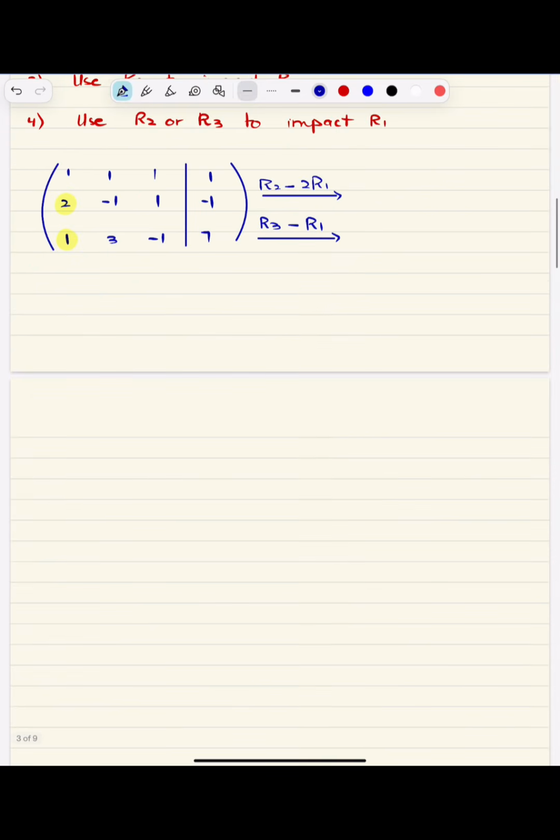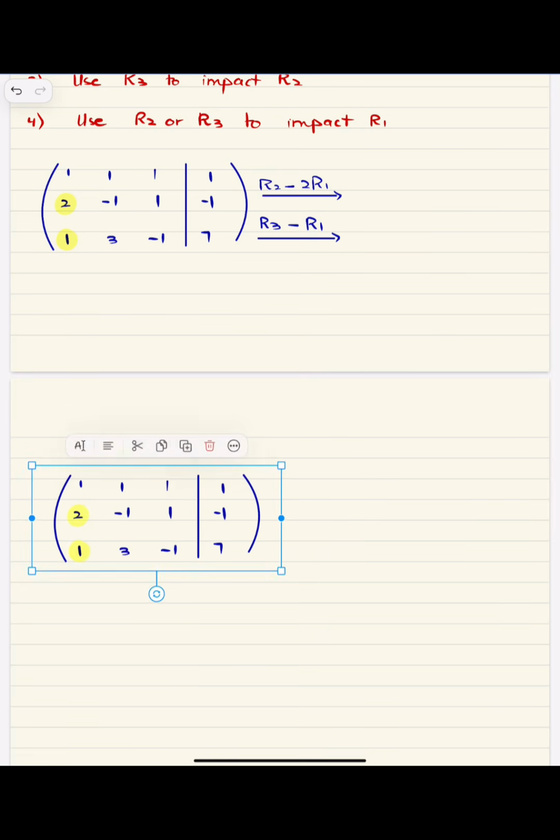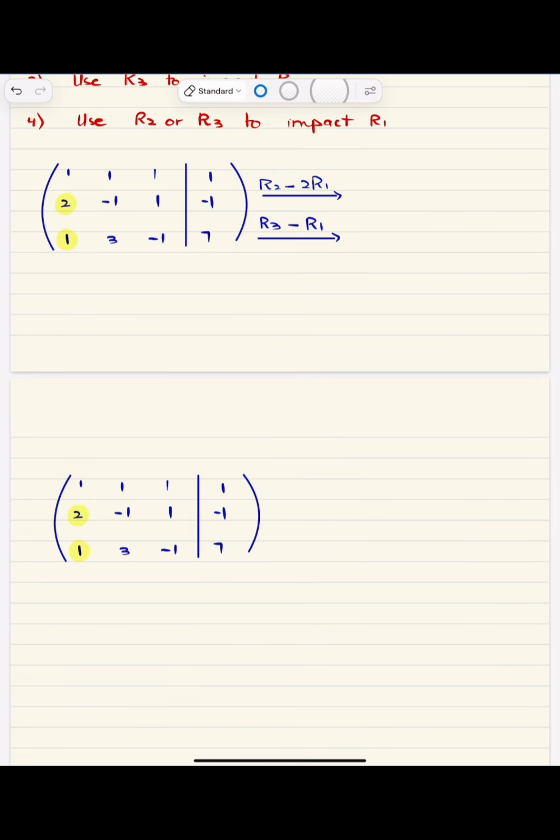Let's do this. The first row is not going to get impacted, so it's going to stay as it is. This is going to get impacted, and this is going to get impacted. So we have a 2 minus a 2, this is a 0. A -1 -2 is a -3.